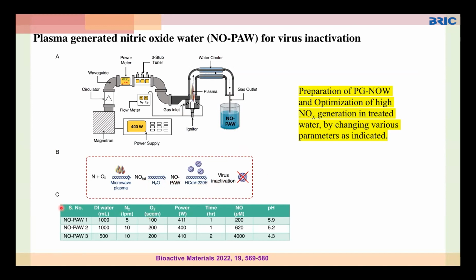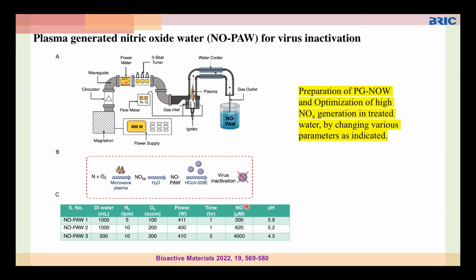We standardized this preparation of nitric oxide water by changing many physical parameters such as the amount of water, nitrogen gas, oxygen gas, even power. Power is almost the same, but the exposure time is changed. By changing some parameters, finally we got 4,000 micromole of nitric oxide plasma activated water concentration.